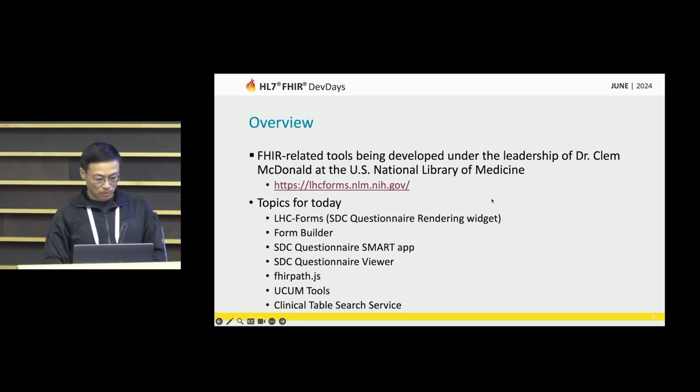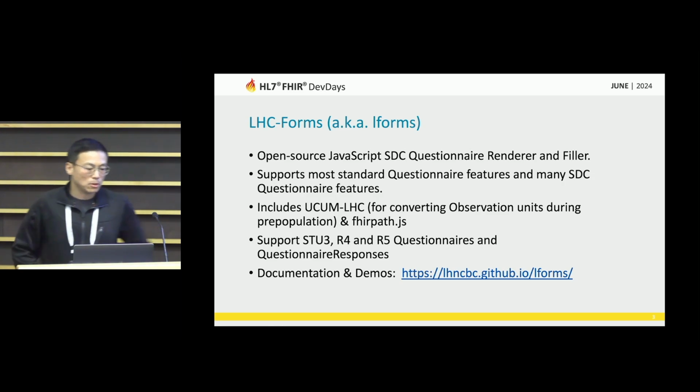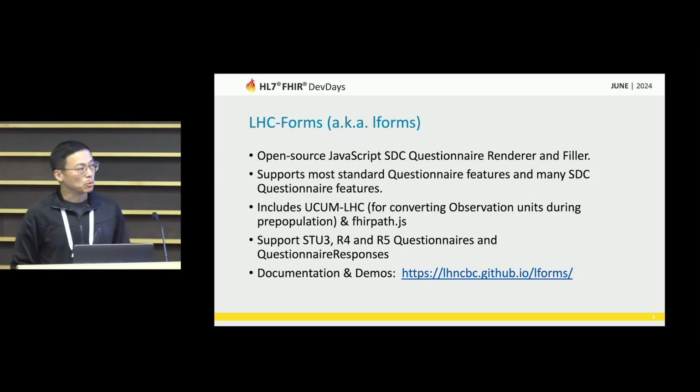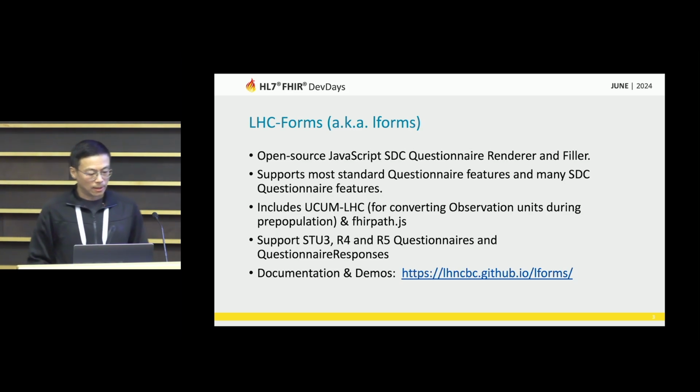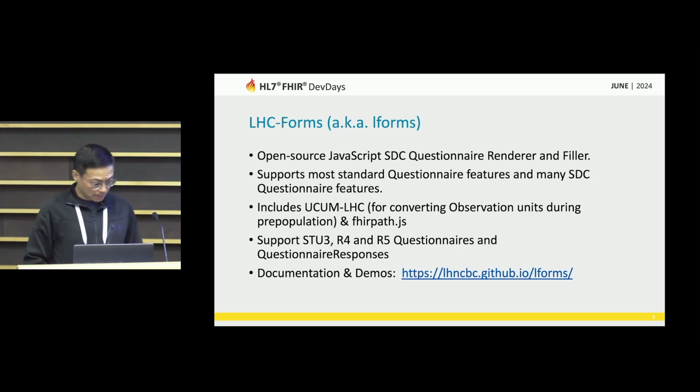So let me show you. The first project we have is LHC-Forms. It's an open source JavaScript project, and it's a FHIR questionnaire renderer and also a filler. It supports most standard questionnaire features and many SDC questionnaire features, which I will talk about later.